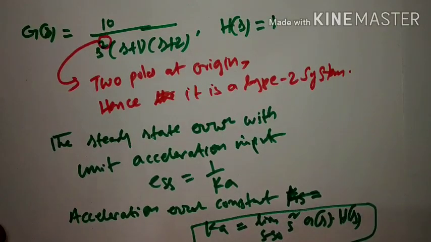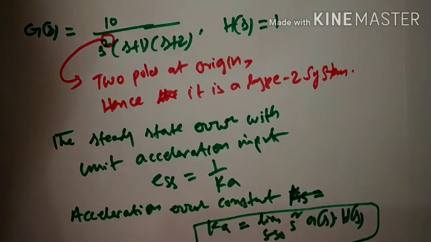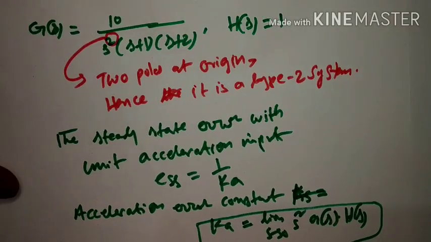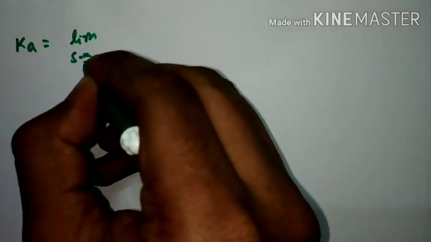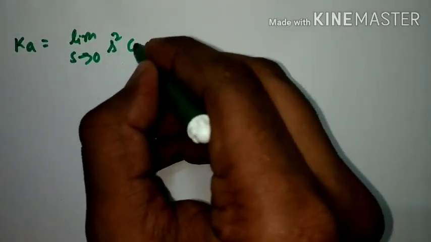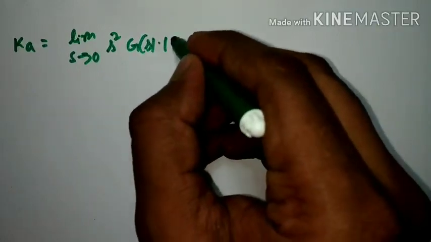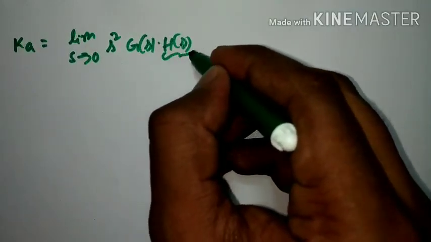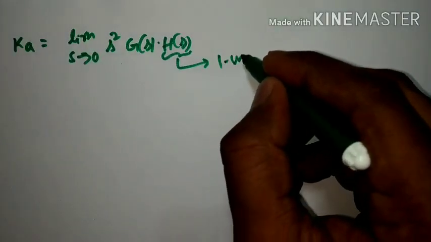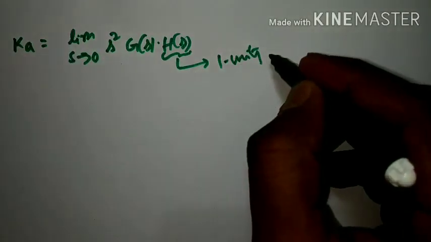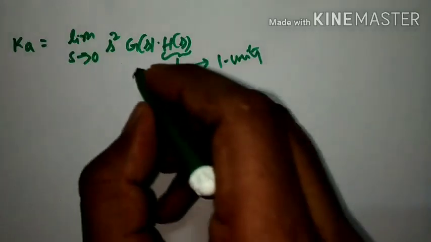You know this equation, right? So from this equation we have to find it. Our H(s) is unity feedback. Okay, this is a unity feedback system. So what is your G(s)?